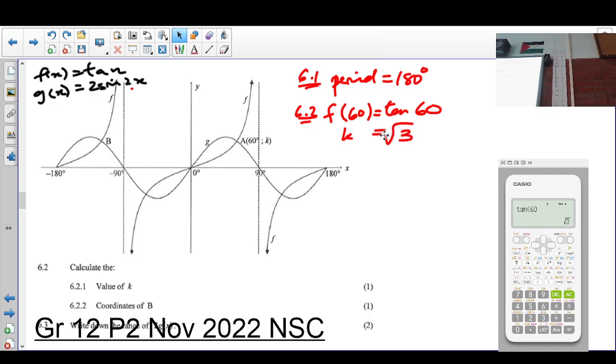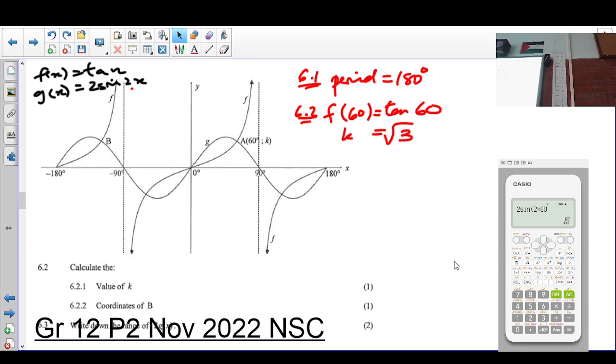If you like to write in decimal, no problem. If you are a sine kind of person, 2 sine of 2 times 60 gives you root 3 as well. Because it's a point of intersection, either one should give you the same solution.